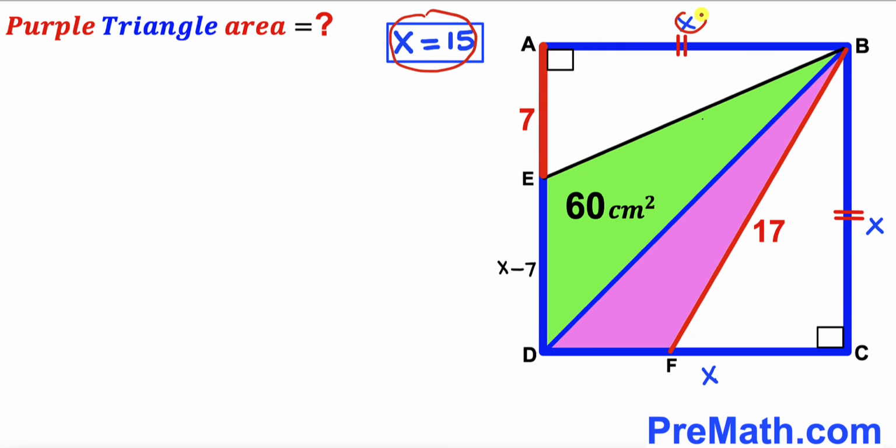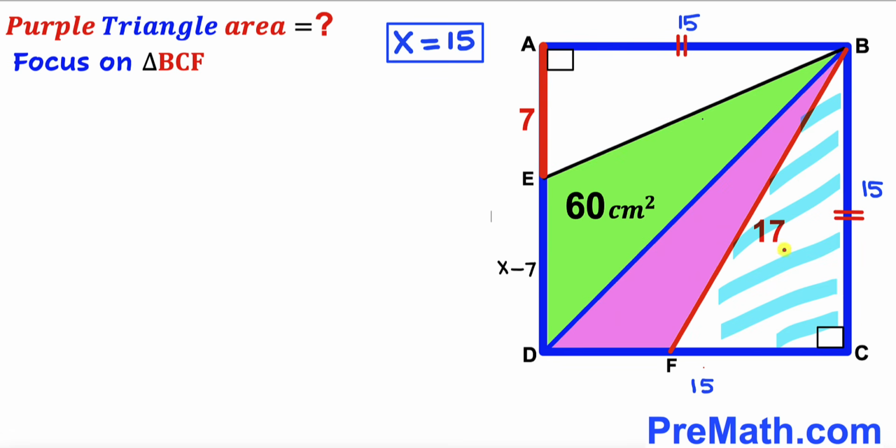So I'm going to replace x with 15 over here, 15 over here, and likewise 15 for the side length over here. Now we are going to focus on this right triangle BCF. I'm going to label segment CF's length as lowercase a, and our task is to find the value of a.